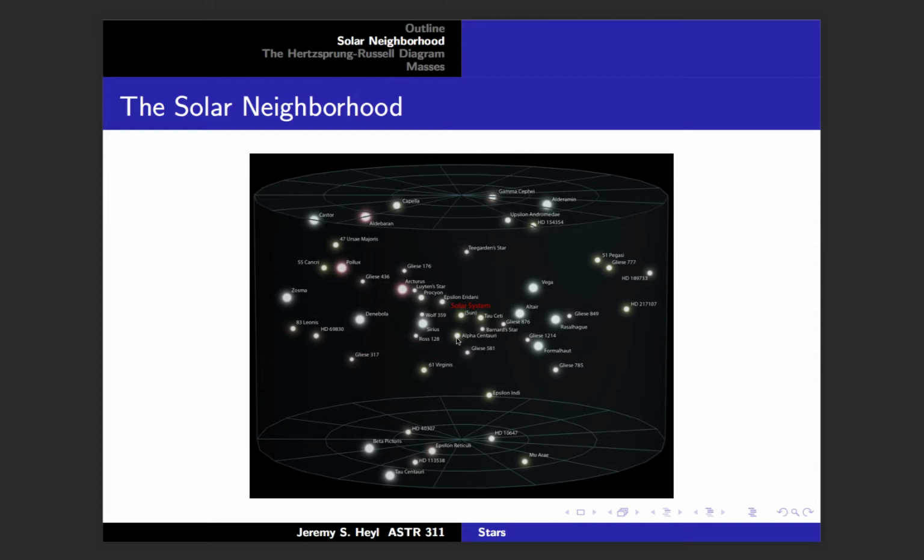So one star is a little bit more massive than the sun, and it's being orbited by another star that's a little bit less massive than the sun. And then there's a third star who's even less massive than the other 2.